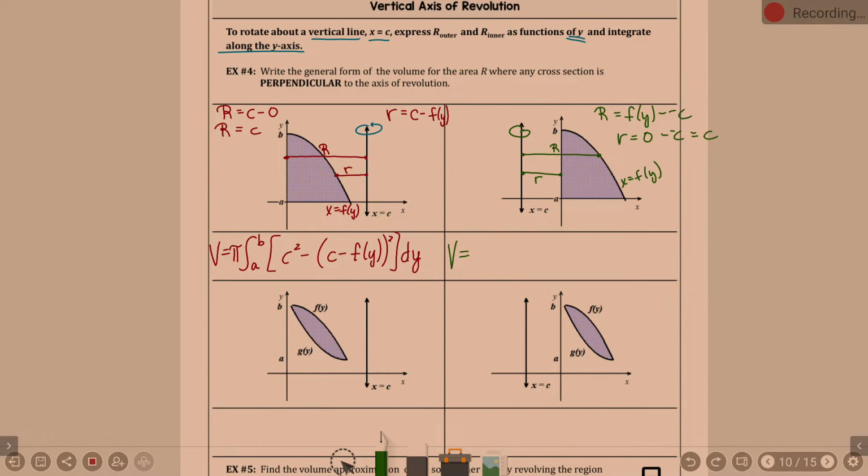Okay, there's my start for you. Volume is equal to what? Pi. There we go. Get the easy one out of the way. Integral from A to B. Notice my A and B are y values this time.